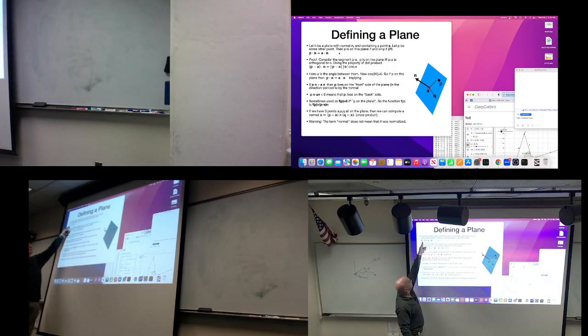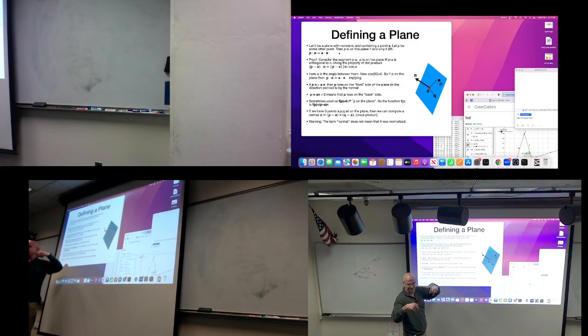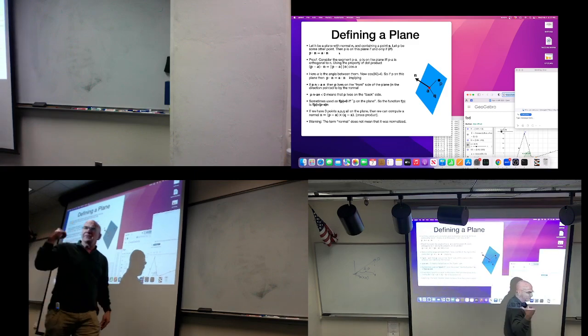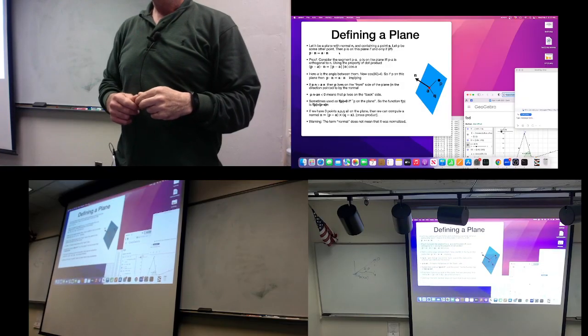And if A times n equals P times n, then the gap between them equals 0. I'm scanning through it because it's word by word what we had to develop for the point for a line.